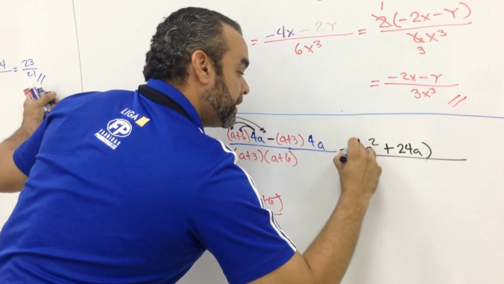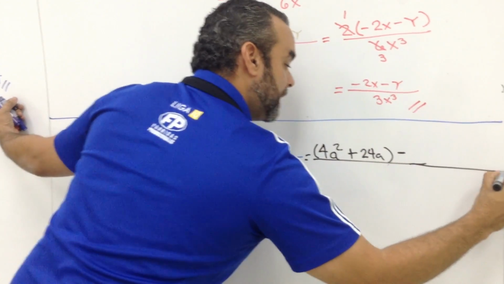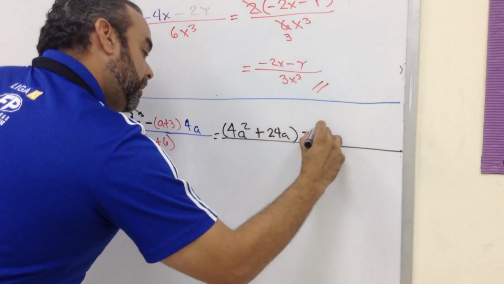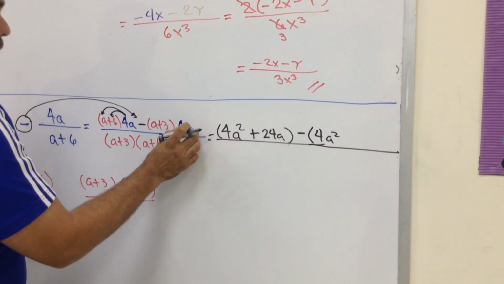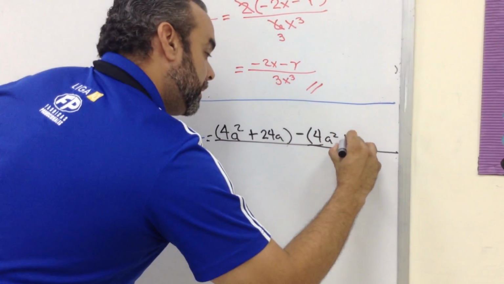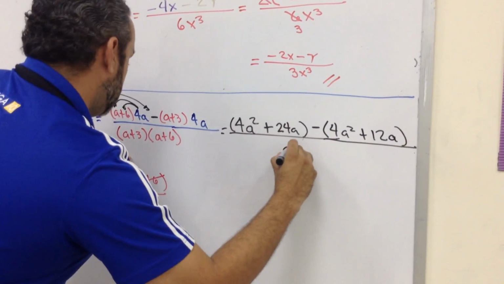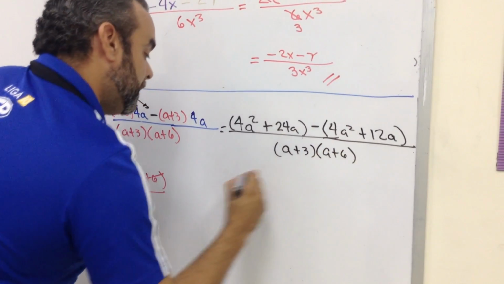I place this in a parenthesis, and now I'm going to subtract this, and I'm going to do exactly the same with this. 4a times a, it's going to be 4a squared, and 4a times 3 is going to be 12a. And I'm going to divide it by a plus 3 times a plus 6.